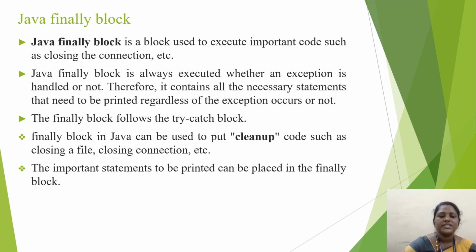So the important statements that must be printed, whatever they are, will be placed in the finally block, whether the exception is handled or not. This is the main advantage of using the finally block.